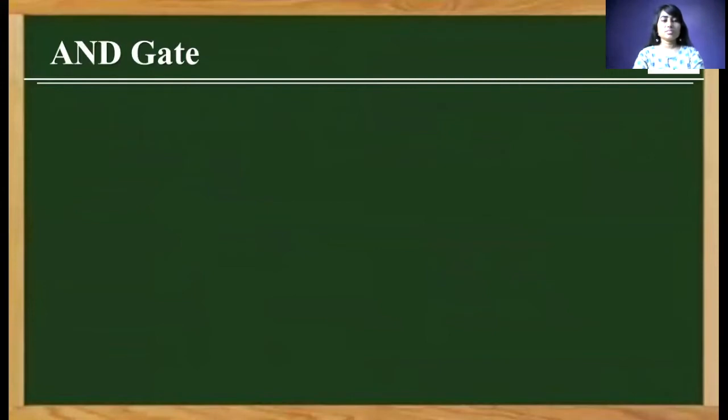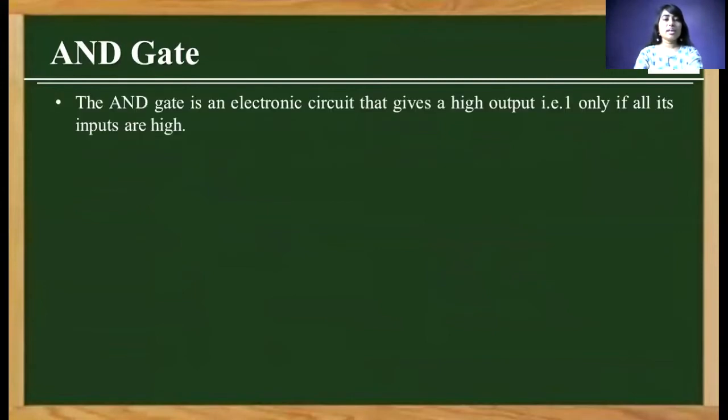AND gate. The AND gate is an electronic circuit that gives a high output, that means 1, only if all inputs are high. That means whenever we require a high output only for the condition when all the inputs are high, we can use this AND gate.